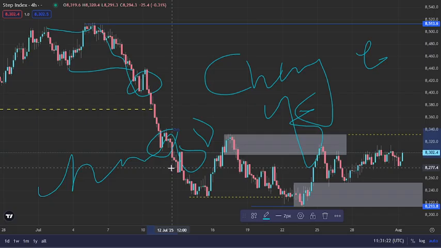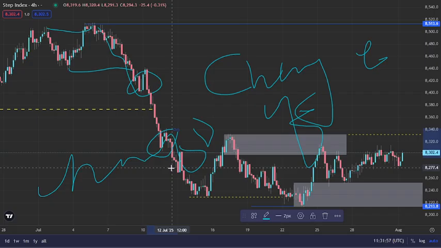So when we get a break of structure, we expect price to maybe pull back. When we get an I-BOS, it signals the start and end of a pullback.